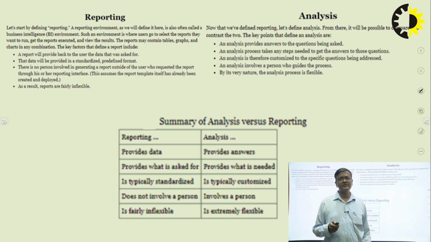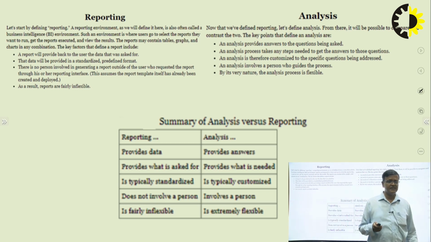And analysis involves a person who guides the process. Here we have a person who will guide the whole process. So because the analysis provides answers to the questions asked, instead of just presenting the data which is being asked by the user, it provides answers to the questions being asked. So it is very flexible in nature.